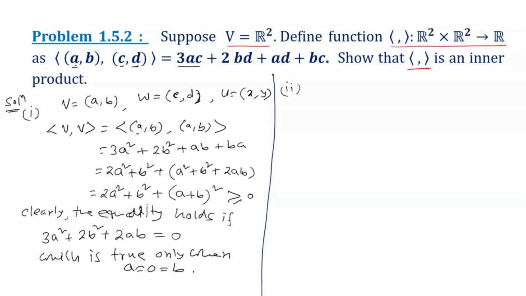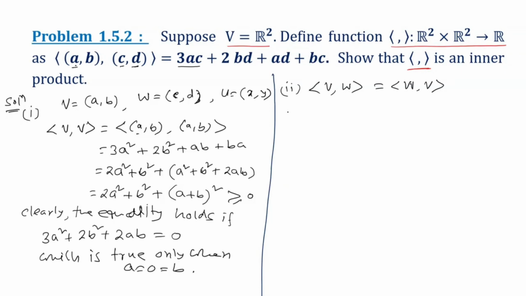It says that if you change the position, that is, ⟨v, w⟩ is equal to ⟨w, v⟩. Okay, how can we prove this one?